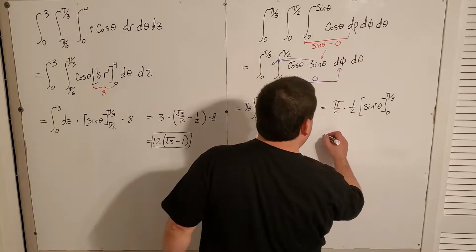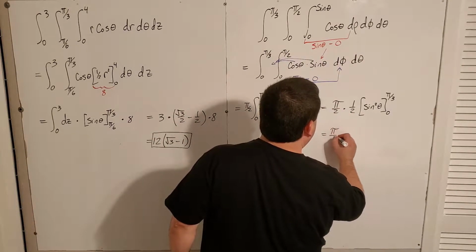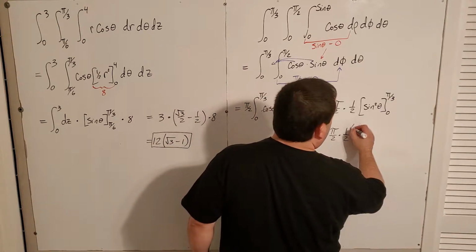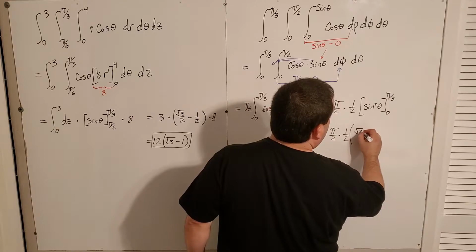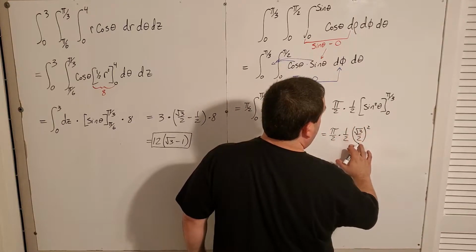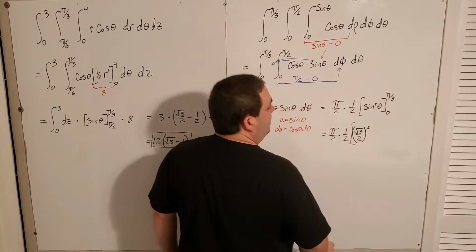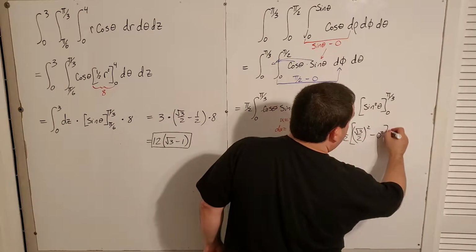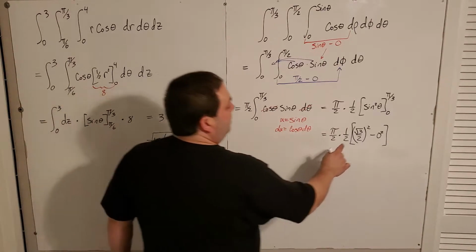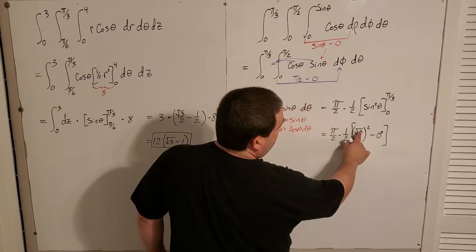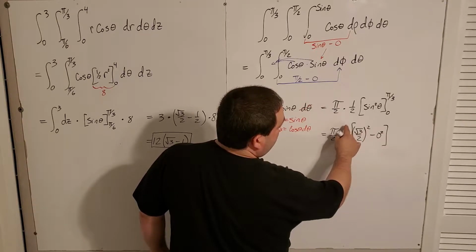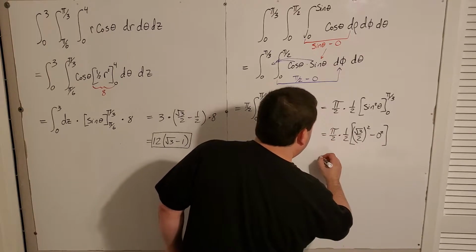So let's see what I've got now. I've got pi over 2 times the half. And now I've also got square root of 3 over 2 all squared. Let's go ahead and separate that out like this. Minus 0 squared. Okay? So I've got 3 and then 4, right? 3/4 here, times a half times pi over 2.